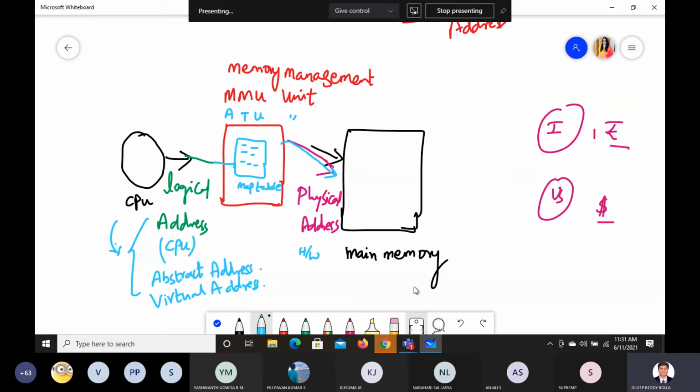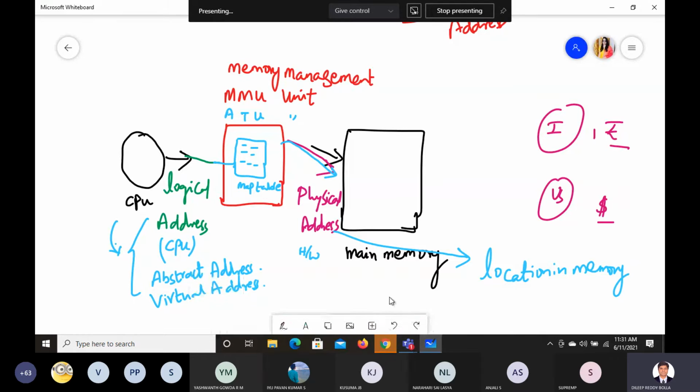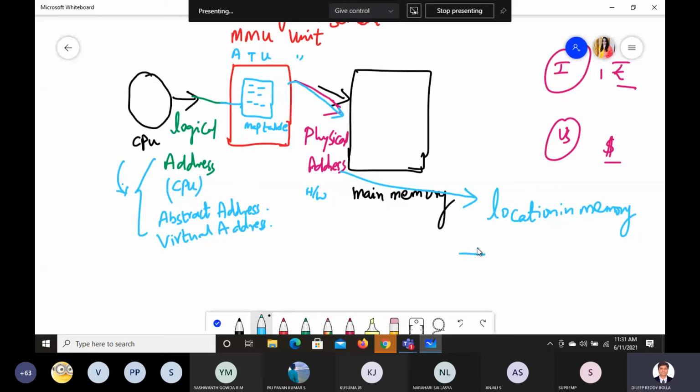Okay, so what is this physical address? This physical address is the location in memory. It is identified by the memory hardware, and can never be viewed.